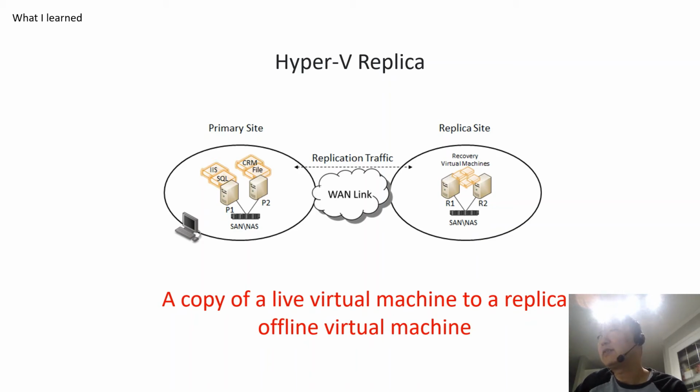The biggest advantage to building a cluster is that clustering allows Hyper-V VMs to fail over automatically in the event that something happens to a host server. In contrast, Hyper-V replication requires each replica host to have its own storage. Virtual machines are replicated asynchronously.